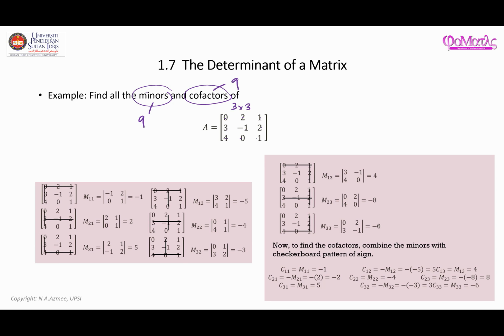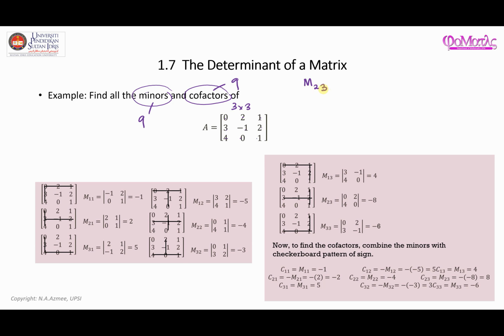Now let's say I would like to demonstrate how we can obtain the minors and cofactors of entry A23. So let's say, how do we find M23? You can see here, this is the second row, third column.